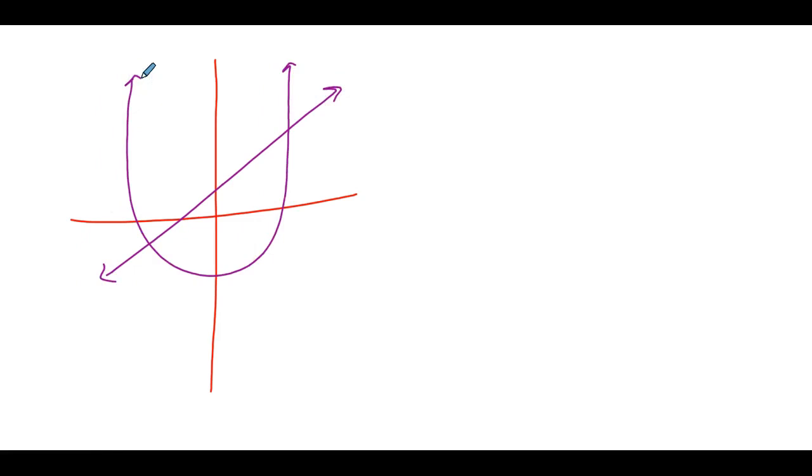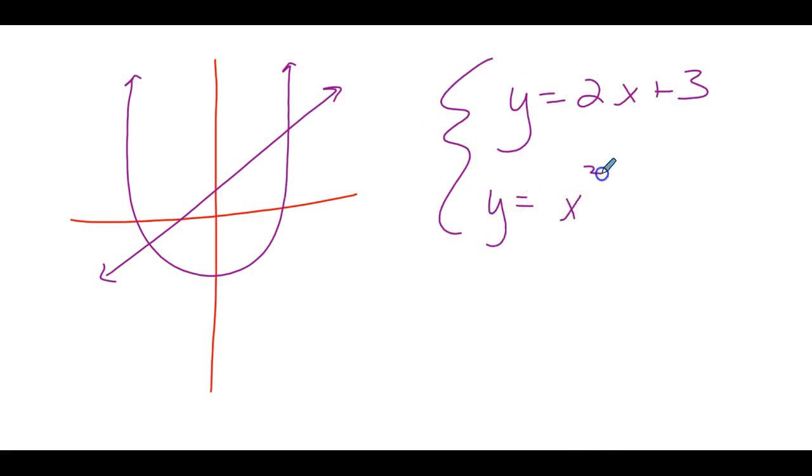So it's like if I had 2 equations. An equation of a line, y equals 2x plus 3, and some quadratic, y equals x squared plus 2x minus 4. So it's a system of a linear equation and a nonlinear equation. This is a quadratic. So that's kind of a pain to solve.